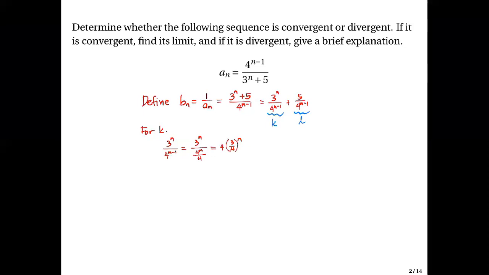Now, since 3 over 4 is less than 1, the limit of this exponential expression will go to 0 as n approaches infinity. The limit as n approaches infinity of 3 over 4 raised to n is equal to 0.